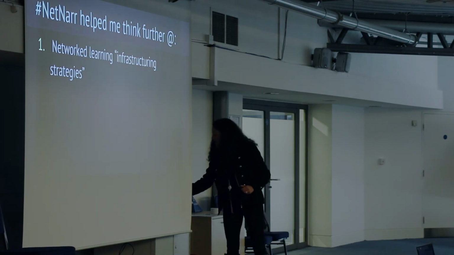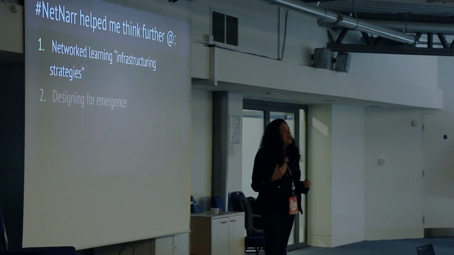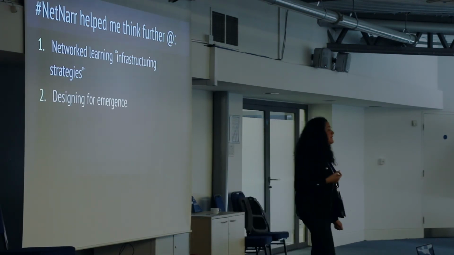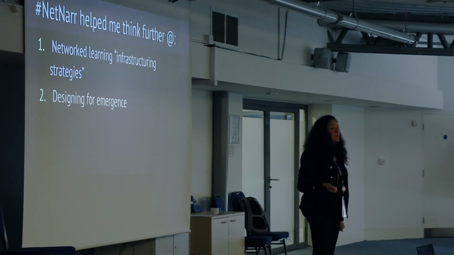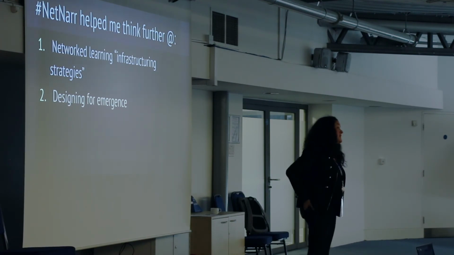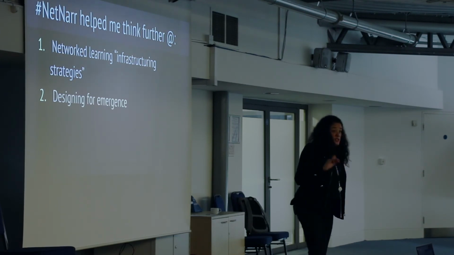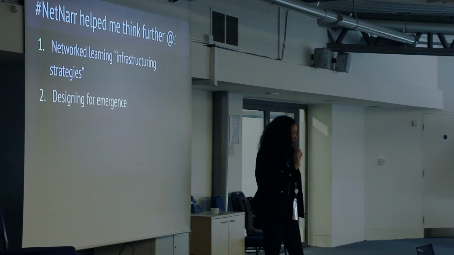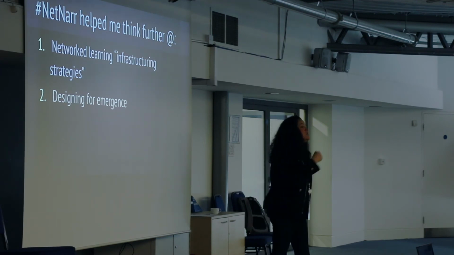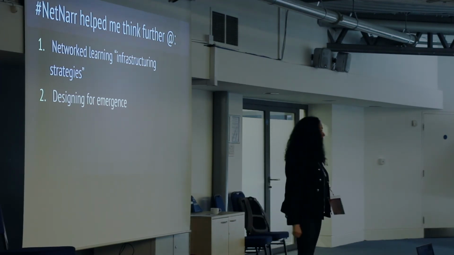Another thing that I thought a lot about through NetNair was this idea of designing for emergence. And what do I mean by that? That there wasn't an entirely clear and mapped out plan from the beginning. So you saw in the video the emphasis that's so profound these days in education on planned outcomes, student learning outcomes, and how much that drives the machine of education.